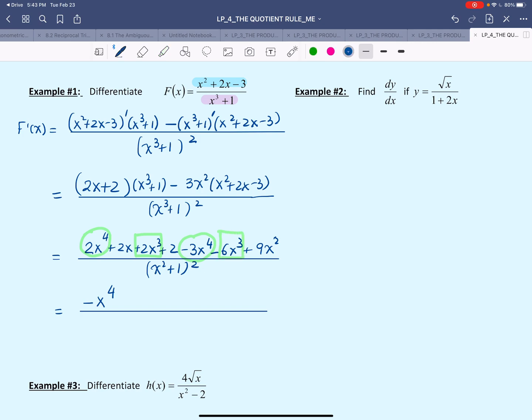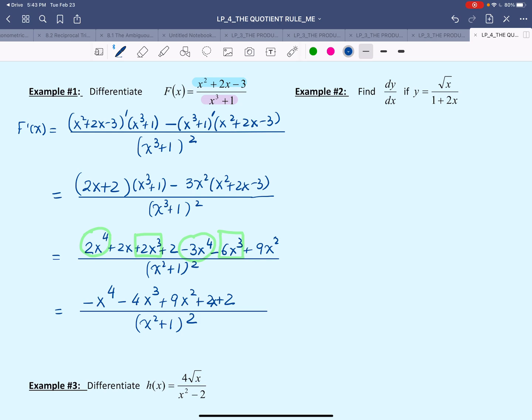So 2 minus 6, that's negative 4x to the power of 3, lots of negatives. And we have 9x squared all by itself. We have 2x and then plus 2. Down in the denominator, we have x cubed plus 1 to the power of 2. And this is the final answer.